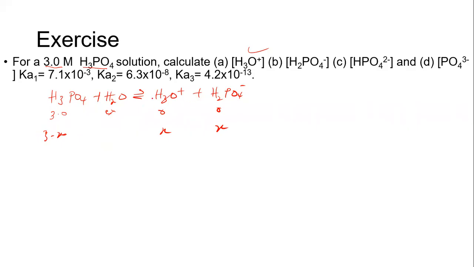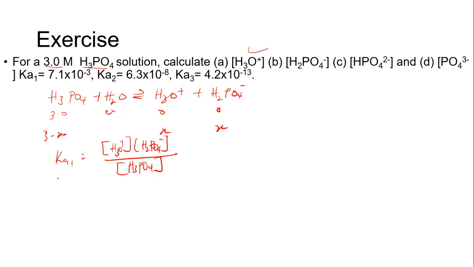Now it's KA1 because in the first step, it is just giving one of the hydrogens. Even though it's capable of giving 3 hydrogens, each of them will be given in a single step, right? So the KA1 will be equal to the concentration of the H3O plus multiplying the concentration of the H2PO4 minus all over the H3PO4. Good.